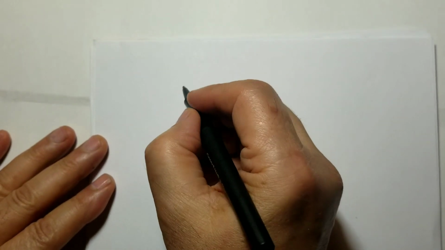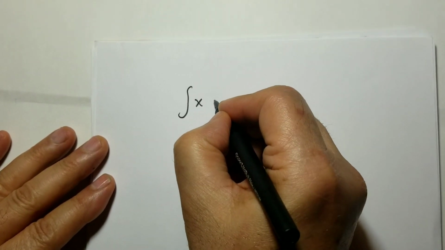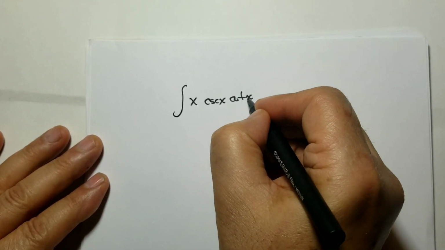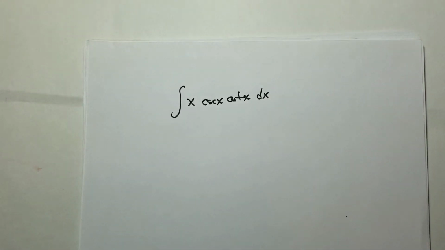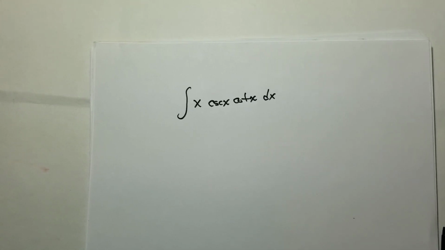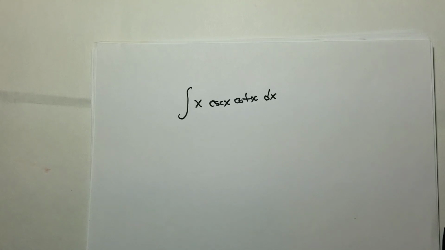I'm going to write the next one as the integral of x cosecant of x cotangent of x dx. What could we do with this? Well, in here, you have to realize you have a trig function and algebra, and trig function and algebra don't combine pretty well together.